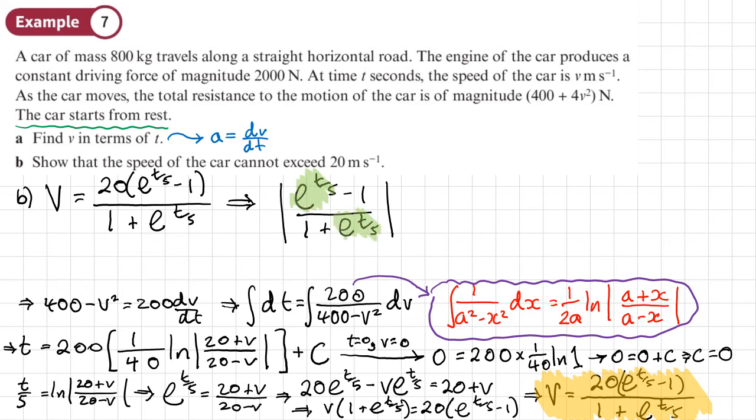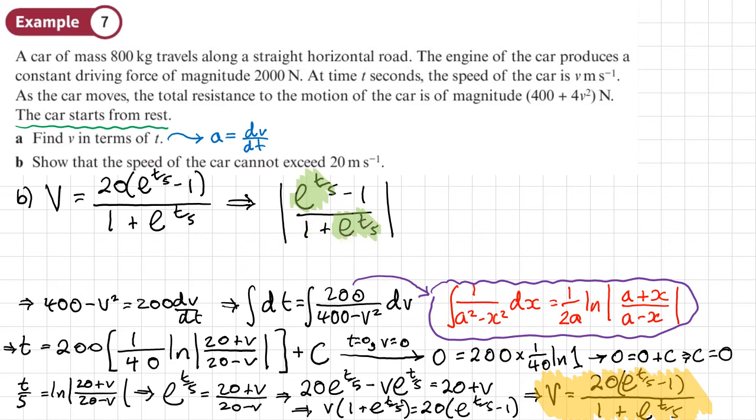The numerator is always going to be slightly smaller than the denominator. They're going to be very close numbers as t gets larger, but you're going to have a number which is slightly smaller than the number at the bottom.